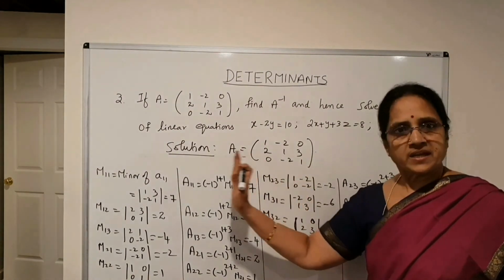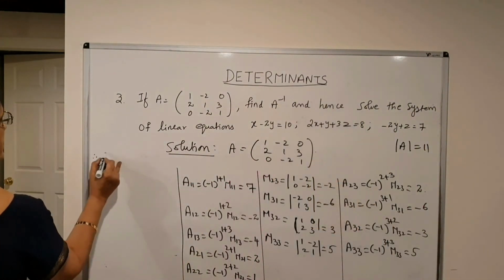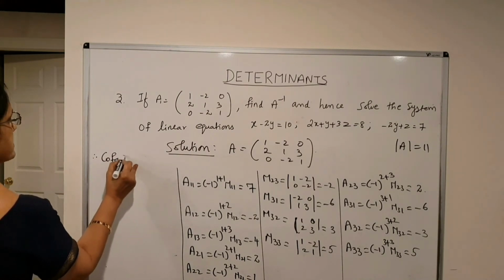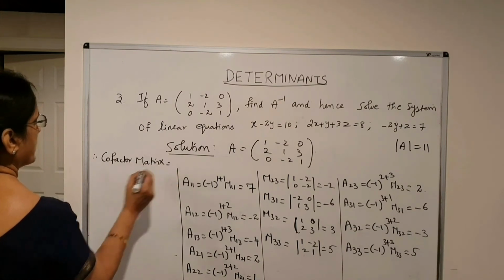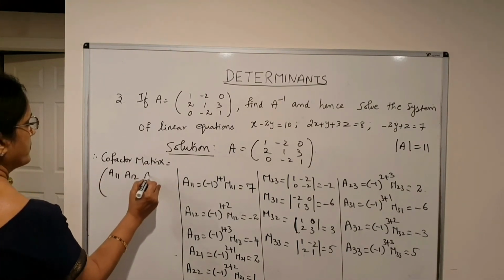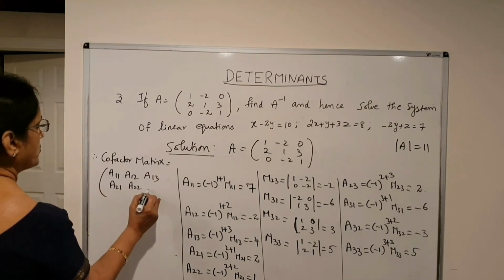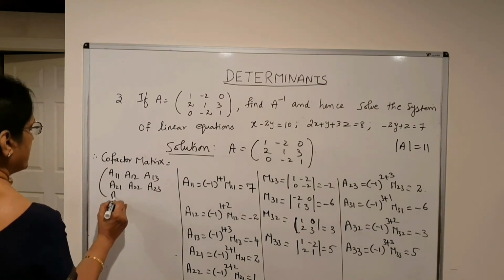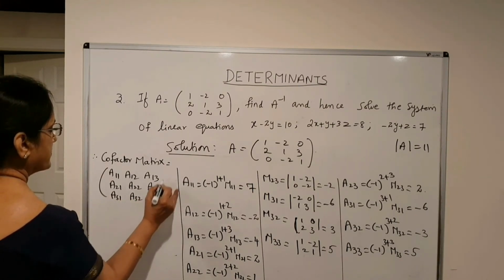Now my aim is to write the cofactor matrix first. Let me do it. Therefore, the cofactor matrix is equal to A11, A12, A13, A21, A22, A23, A31, A32, A33.